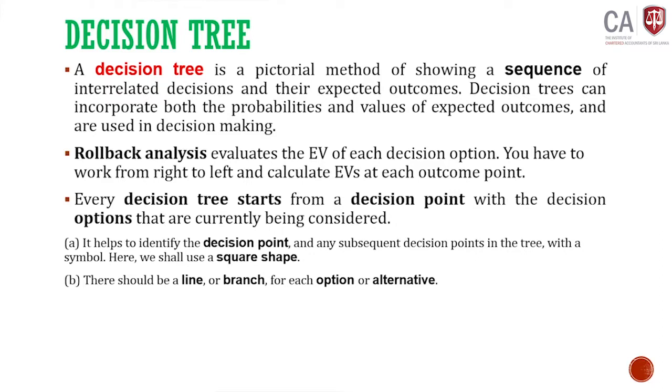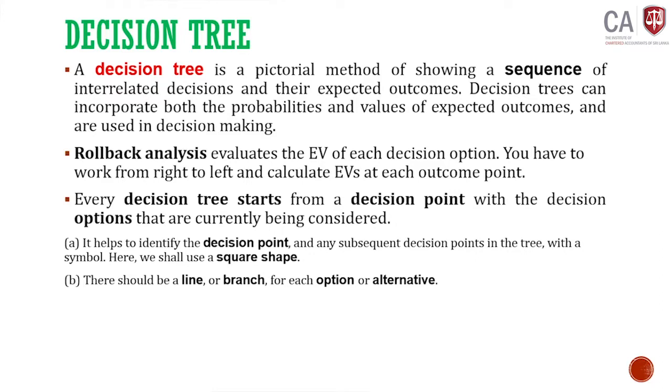A decision tree is a pictorial method of showing a sequence of interrelated decisions and the expected outcomes. If I do this thing, what are the outcomes? If I do not do this thing, what will be the outcome? Therefore, all the possible outcomes of each decision we have made will be visualized in the decision tree.